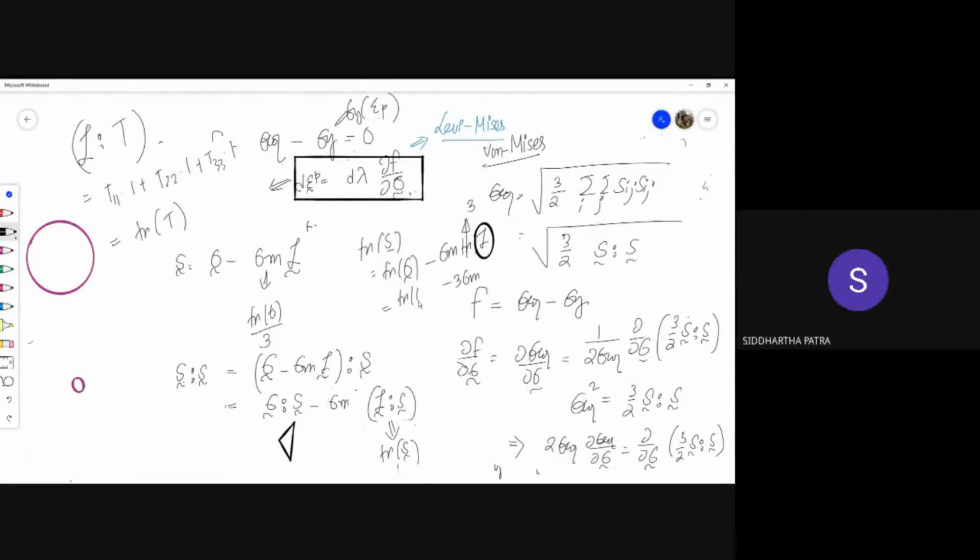Trace of sigma minus 3 sigma m. What is sigma m? Sigma x plus sigma y plus sigma z by 3. It is the trace of sigma divided by 3. So it is the trace of sigma minus the trace of sigma. The trace of S is 0. The deviatoric stress is so designed that its trace is 0.